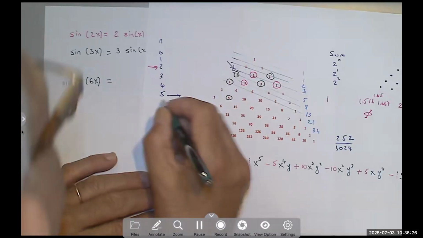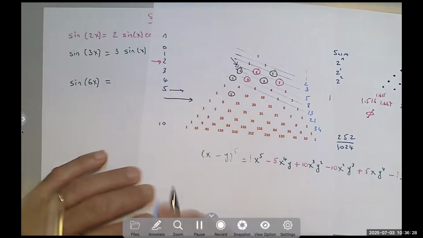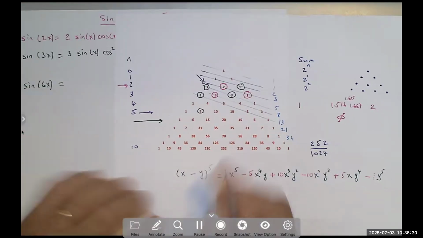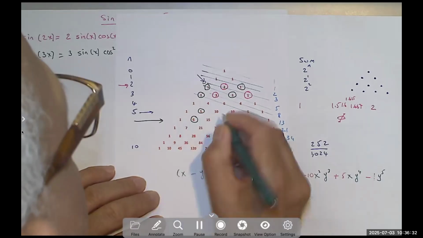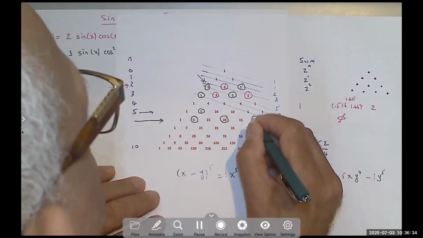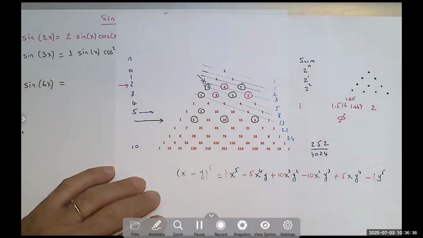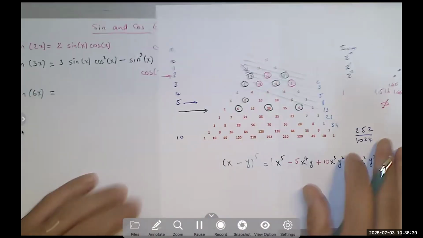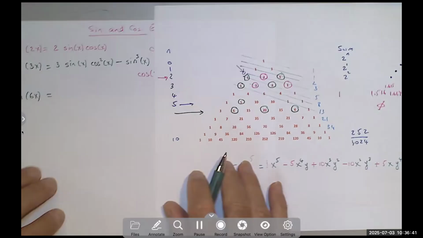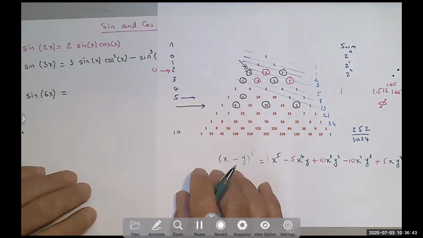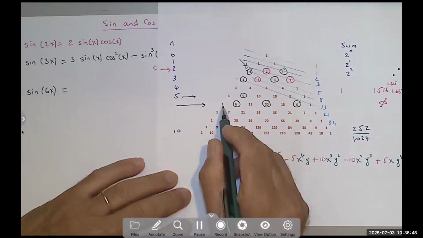I will start with this row. If I want the sine, I take the second entry, the fourth entry, and the sixth entry. So there would be 3 terms. What do you think the first term would be? Again, this is all cosine.